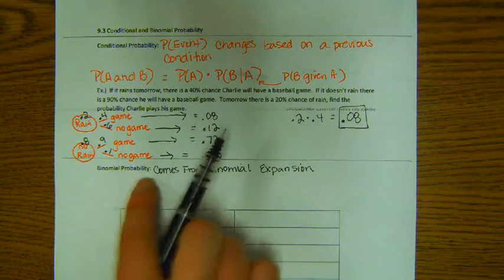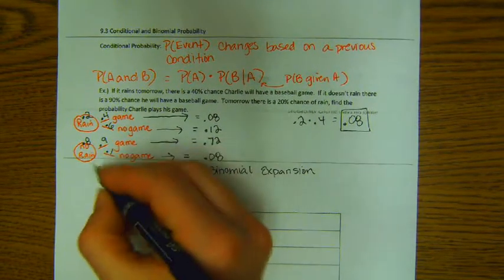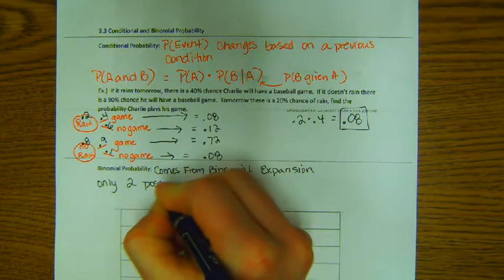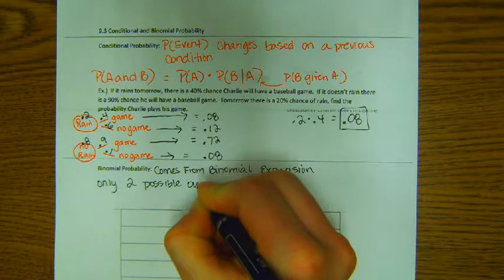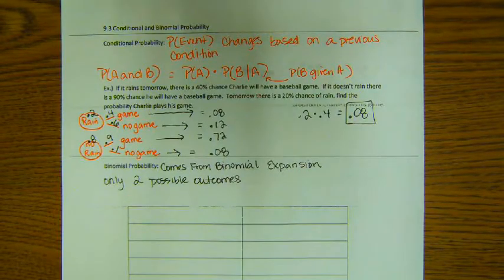Binomial probability is a kind where there's only two outcomes. So for instance, let me give you examples. On the back, I put an at bat. At bat, you either are going to get a hit or no hit.